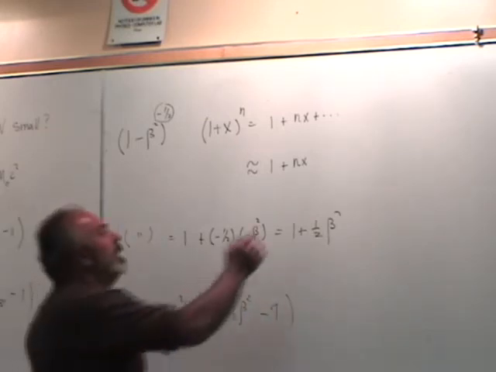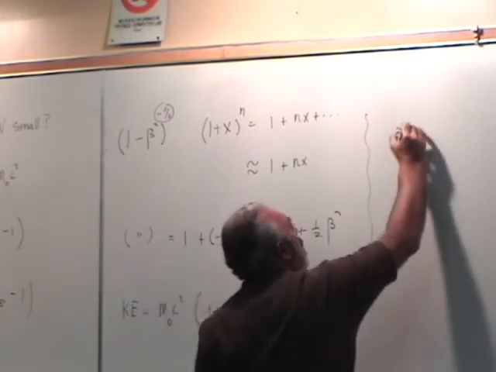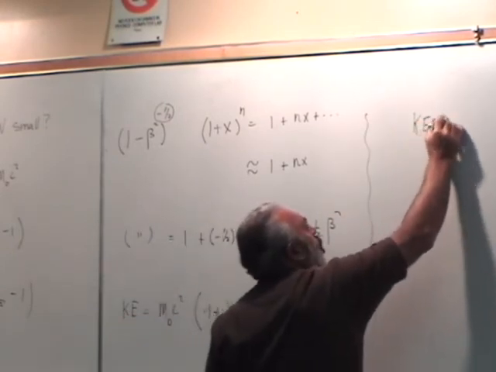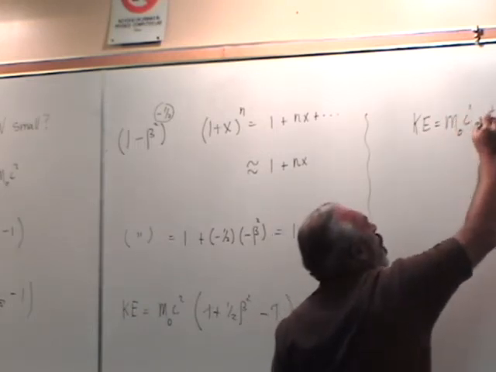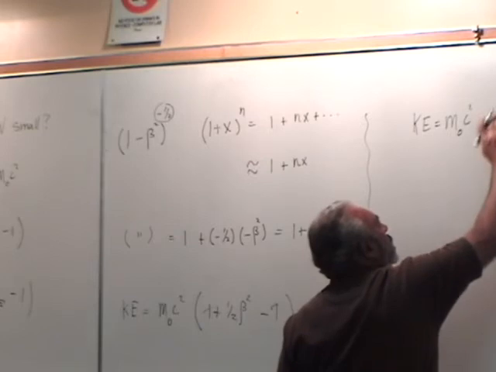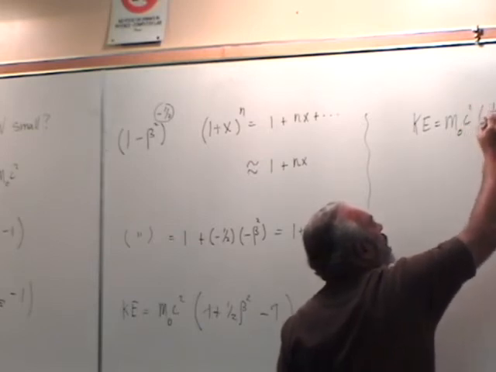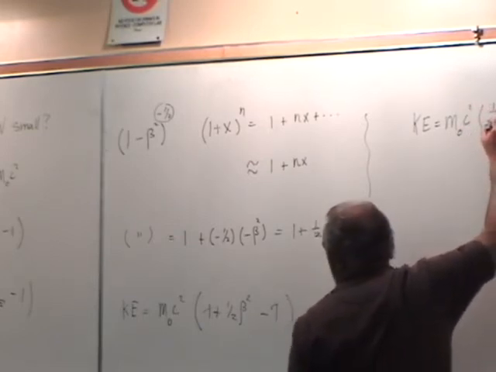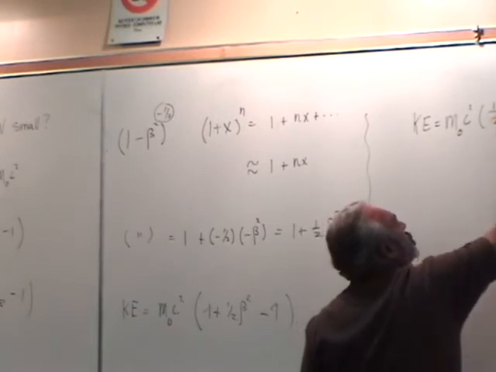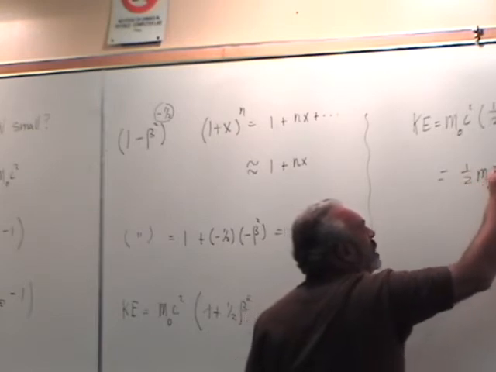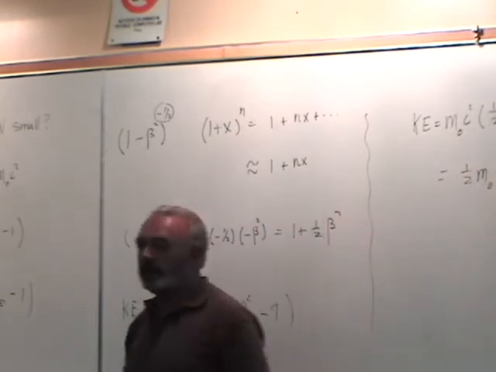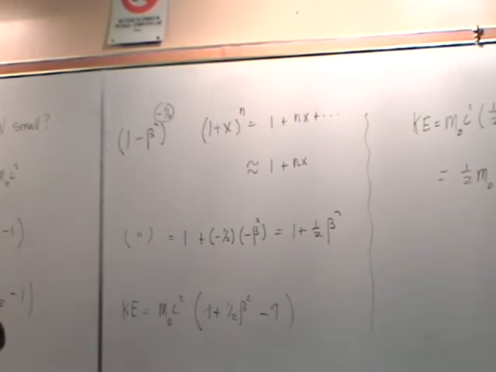So we end up with our new kinetic energy, KE, equals m naught c squared times 1/2 v squared over c squared. Lo and behold, we get 1/2 m naught v squared. Have you ever seen that before? Never. What a surprise. I've never seen that before.